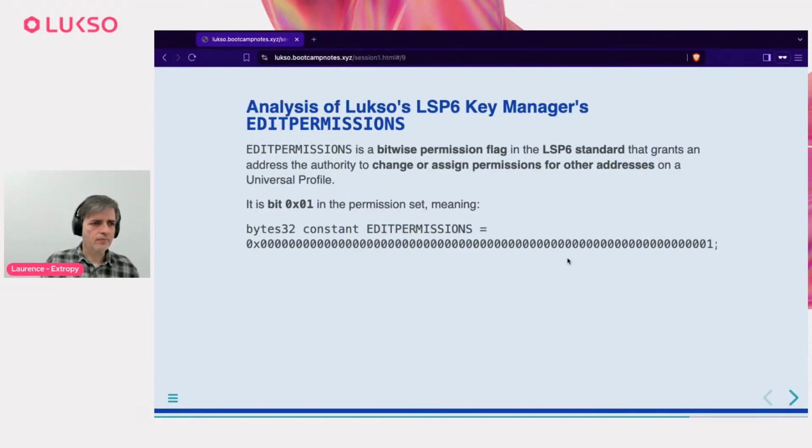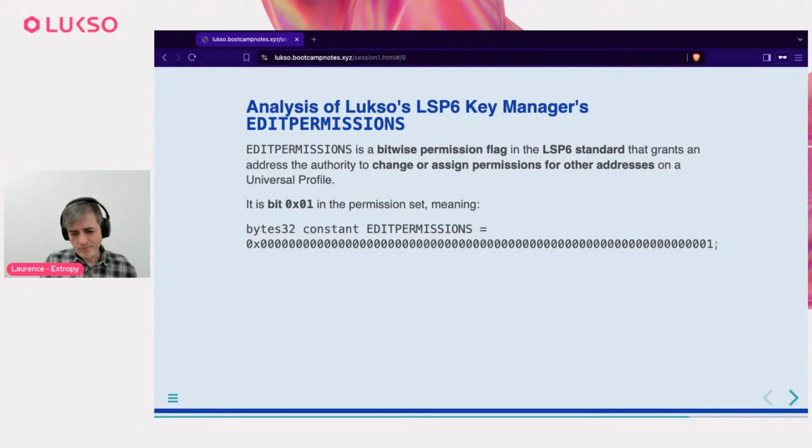So what do we need to look at in more detail? Well, edit permissions. This is really what I want to emphasize as something that is potentially quite dangerous, just because it is so powerful. Just details of what this is. It's a flag that can be set, but what it allows you to do is to change or assign permissions for an address on a profile.